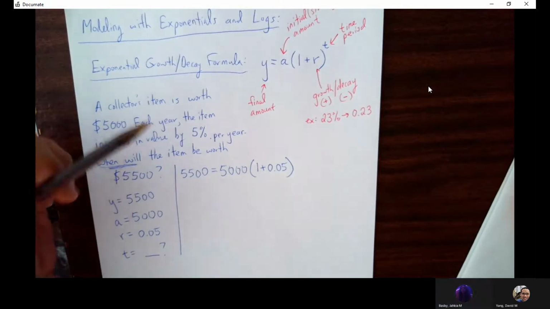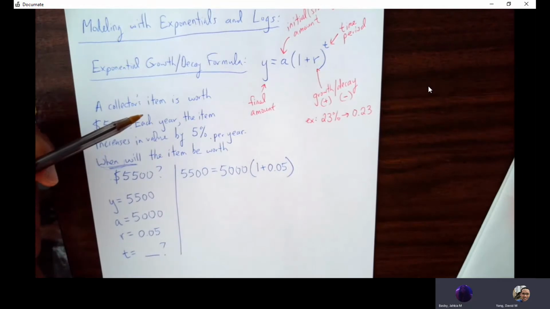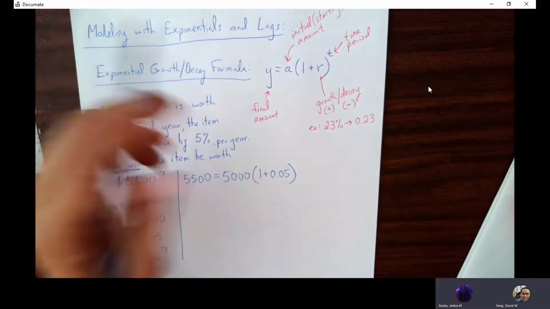Is that right? Is there something missing here? The t. The t.